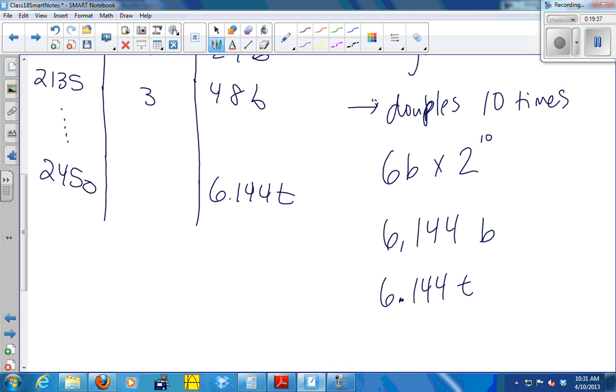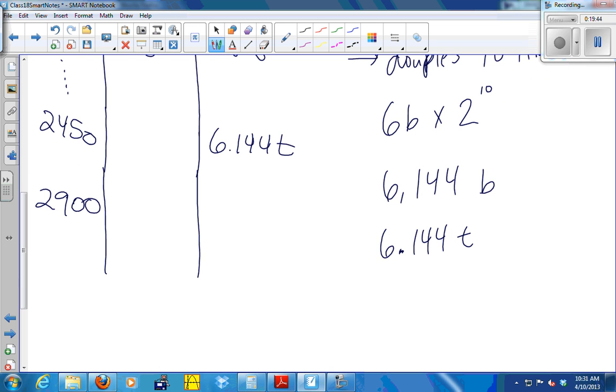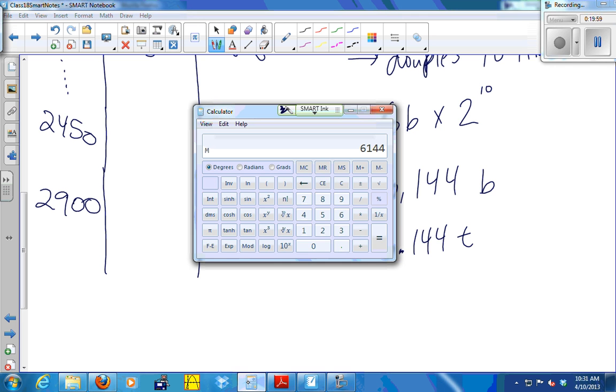To get to 2900, I would think, okay, from 2000 to 2900, how many years have passed? 900 years. And then I ask myself, how many sets of 45 are there in there? 900 divided by 45 is 20.